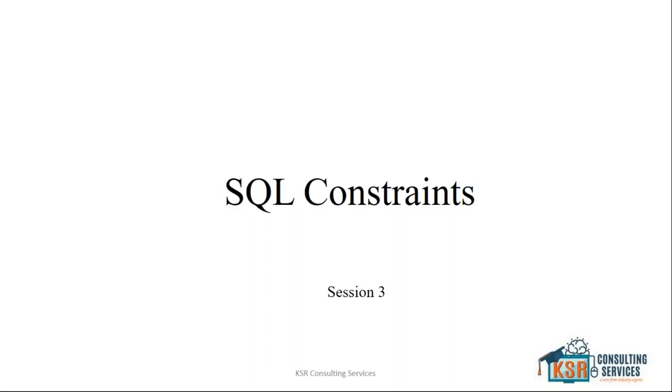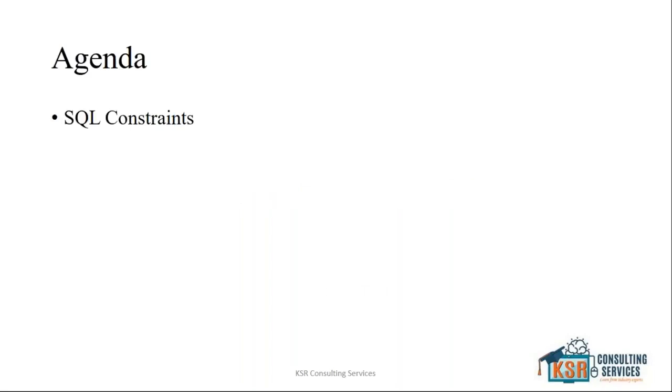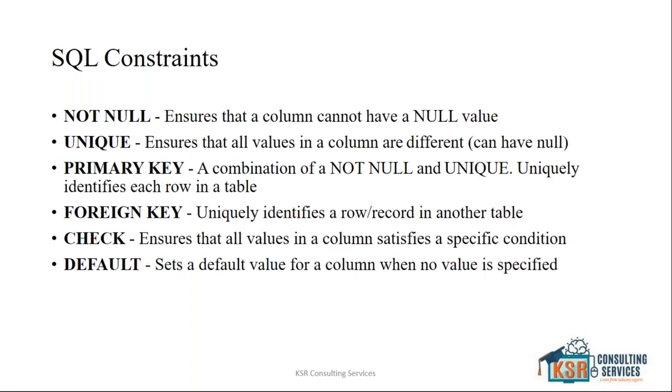Now coming to constraints, what exactly a constraint is, it is a restriction added to the table to make sure all these data issues or data problems are avoided. We have almost 6 constraints available in MySQL.